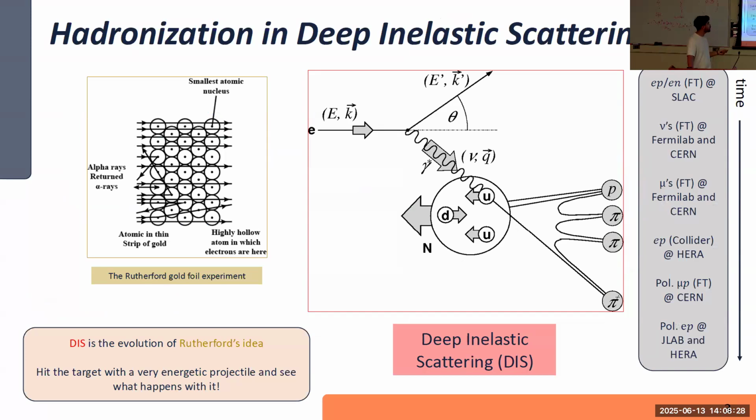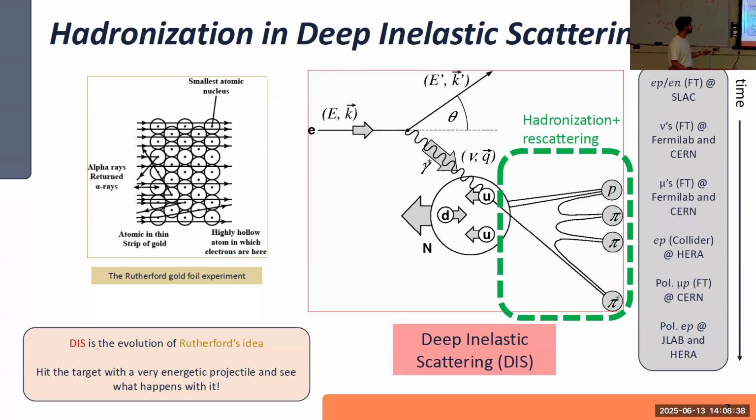Since the proton is really tiny, you can argue that the hadrons will be produced outside the proton, or it doesn't really matter. I want to focus on this stage because you are transitioning from a colored state to color neutral states. In other words, you've undergone hadronization, and we can probe that.